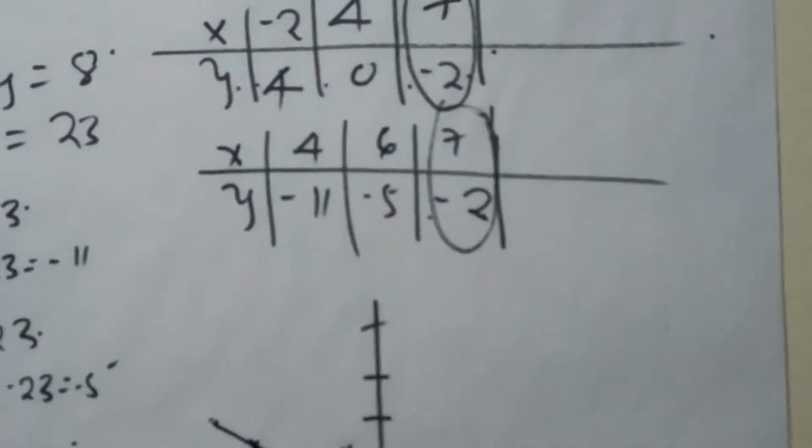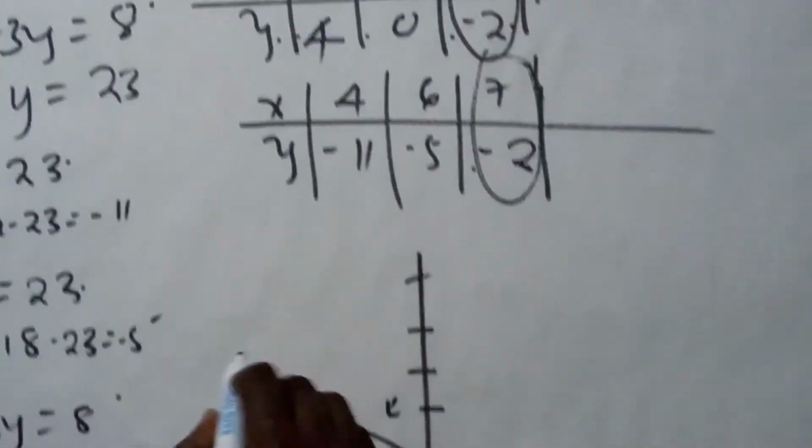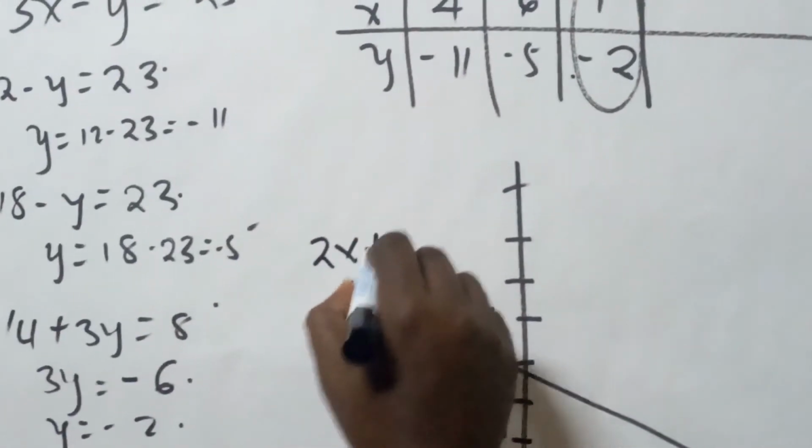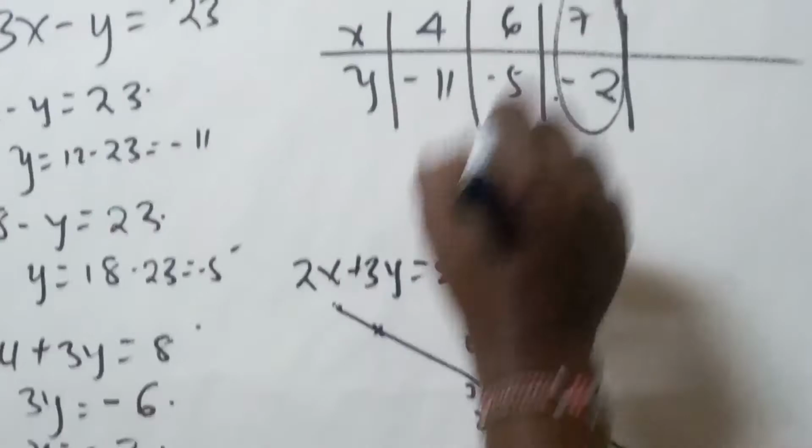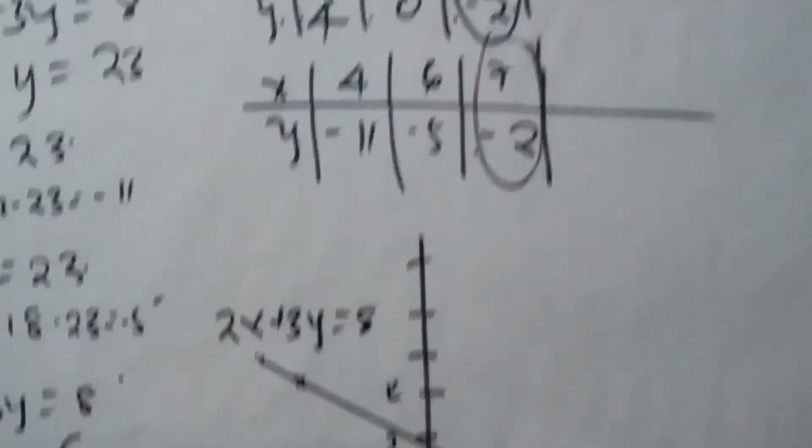For the second one, you can even name this one. This one is going to be 2x plus 3y is equal to 8.